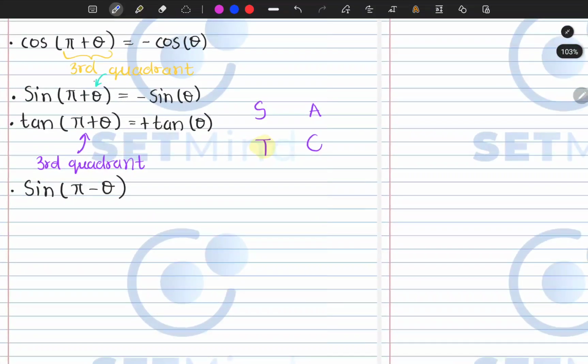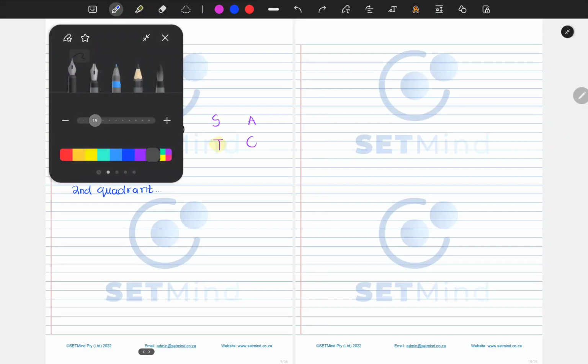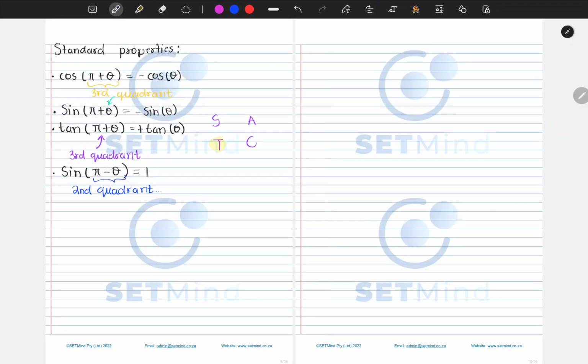So this here, as we can see, it is the second quadrant. And according to our cast diagram, on the second quadrant, which we see by having an angle of pi minus theta, our sine is positive. So we are just going to go there and equate this to positive sine of theta.